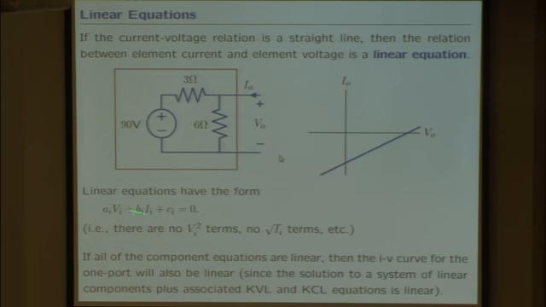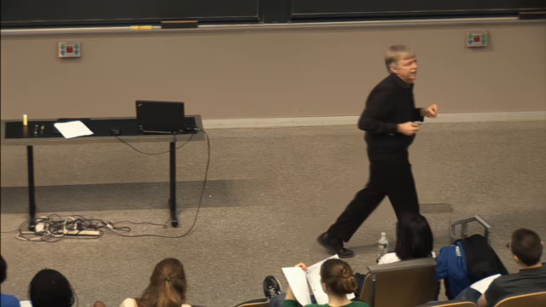It has the form some constant times an unknown, plus some other constant times some other unknown, plus, in principle, any number of those. But it has to be a linear function, so you're not allowed to have things like v squared in there. But if you think about voltage sources and current sources and Ohm's law, they don't have squares in there.